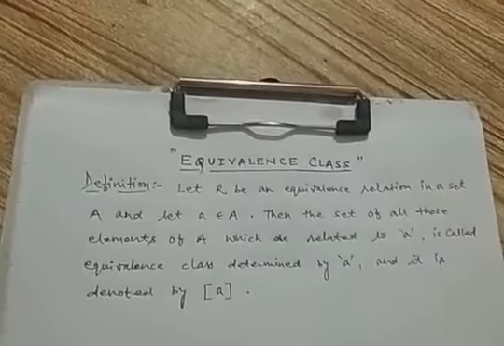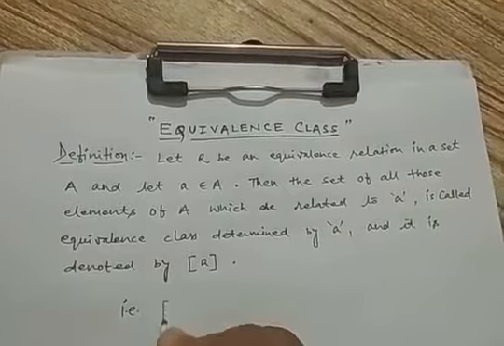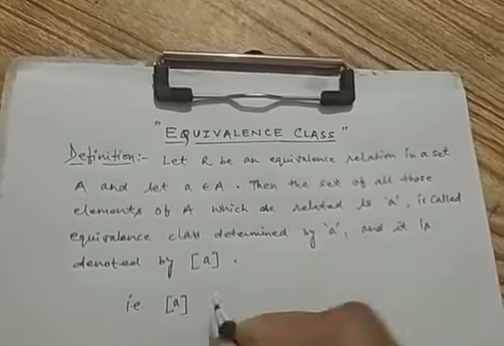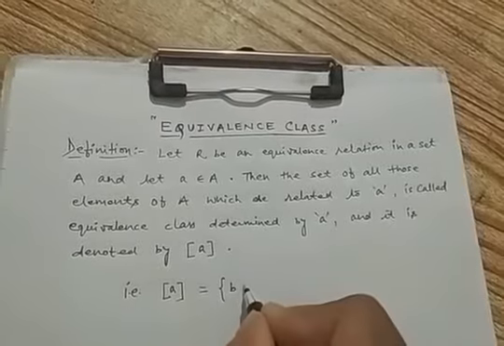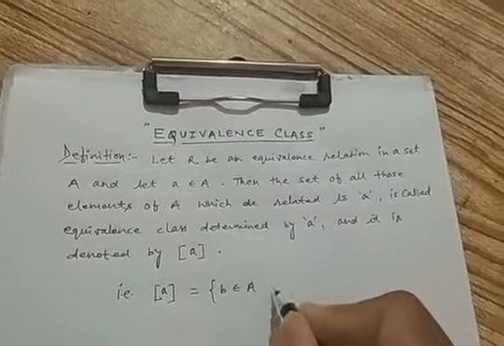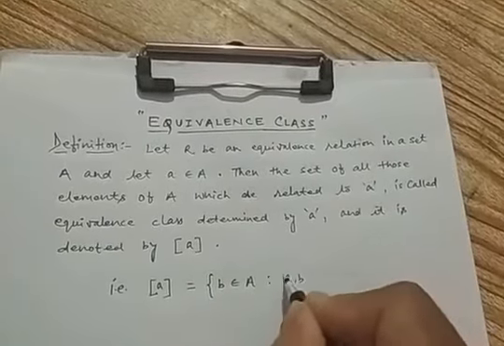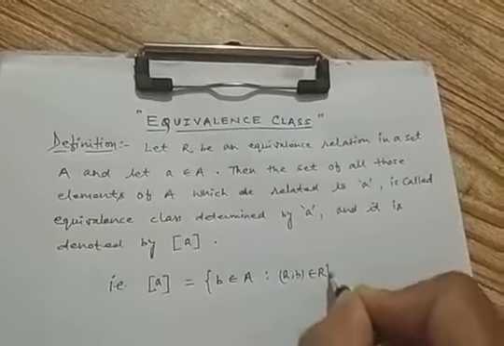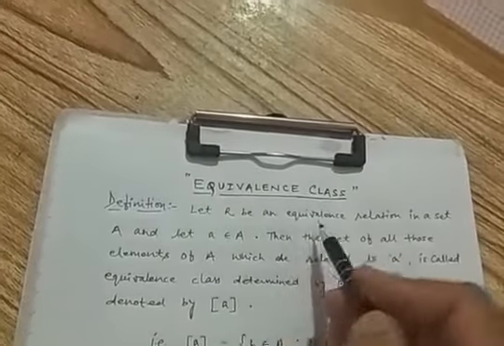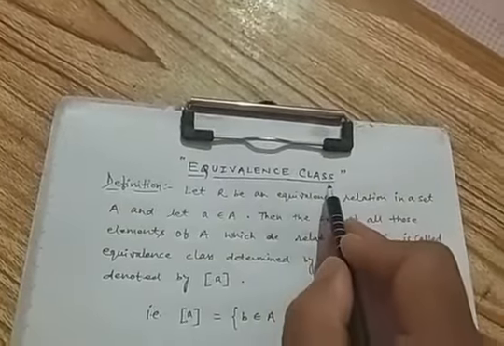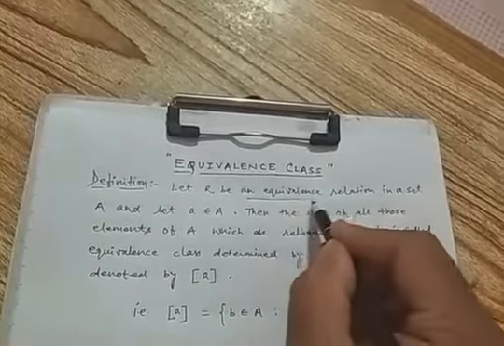Okay students, that is, the equivalence class of a equals the set of b belonging to A such that (a, b) belongs to R. So clearly, for an equivalence class, R should be an equivalence relation.